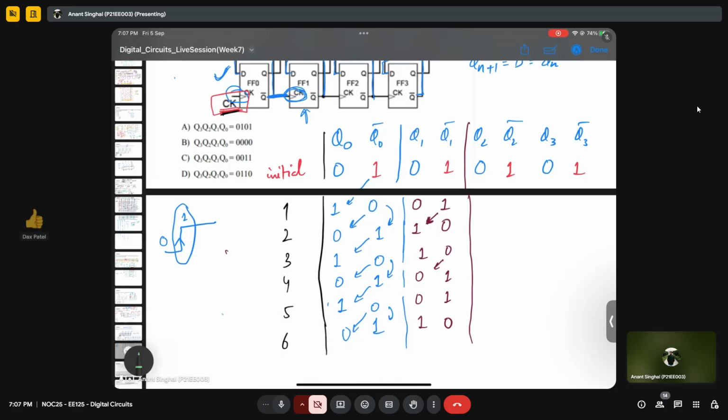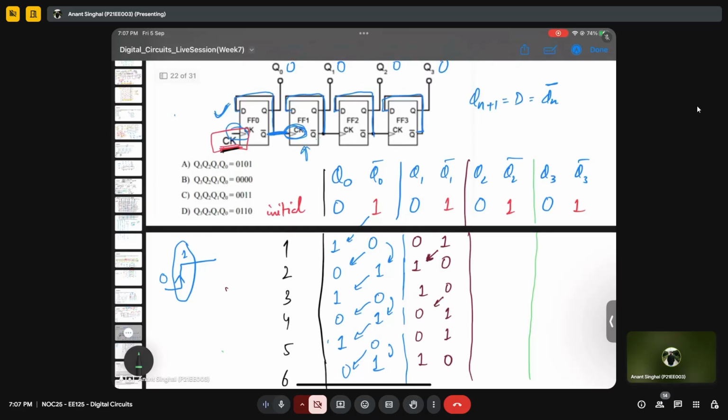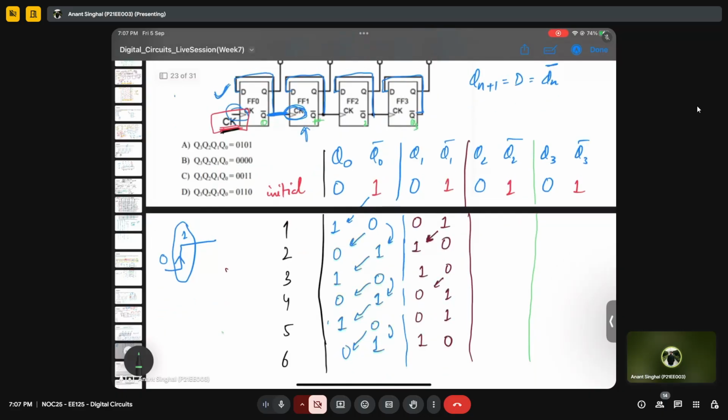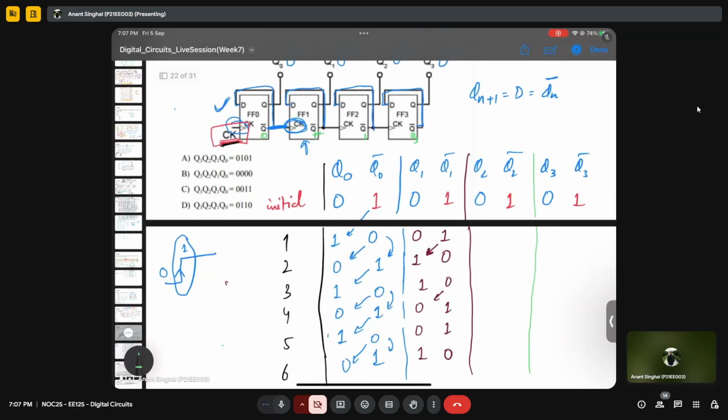Okay, great. Now what we'll do is the q2. Now you see that the q1, so I hope you all know, this is q0, this is q1, this is q2, this is q3. So q1 is acting as a clock to q2.